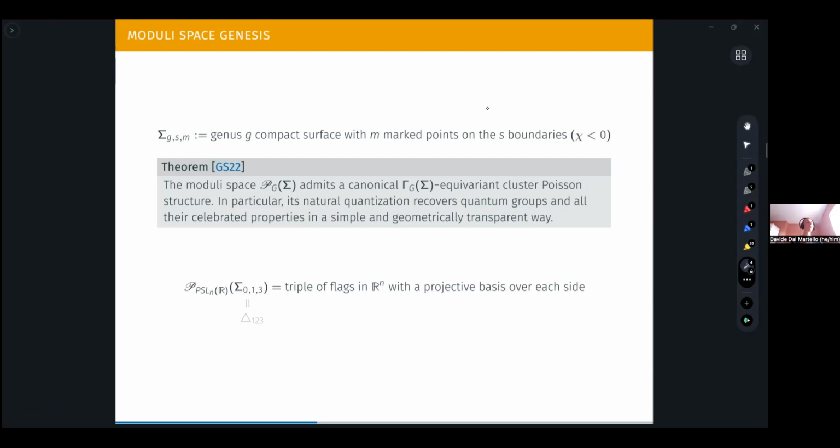But probably the most appealing fact is not only that you realize the algebra within the moduli space, but that in a single shot, using all this canonical equivariant structure and the symmetries, you encode in a very geometric, transparent way the properties, in a way the whole theory, of that quantum algebra. In particular for quantum groups, you can see that all their nice properties are encoded in this structure.